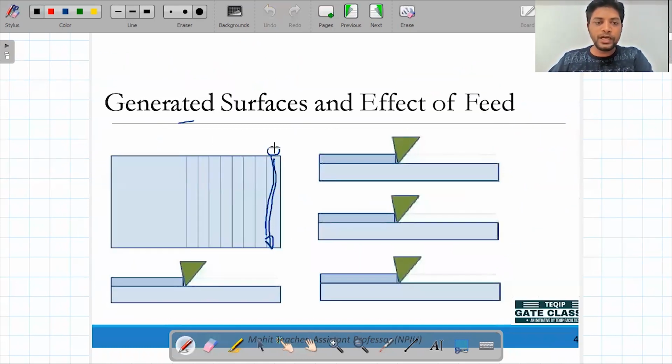Now initially we take the tool over here, and as it is reciprocating, it moves toward this side and comes over here. So this is a forward motion, and again it will move back, that is the return motion.